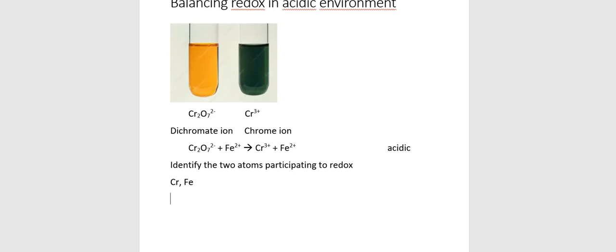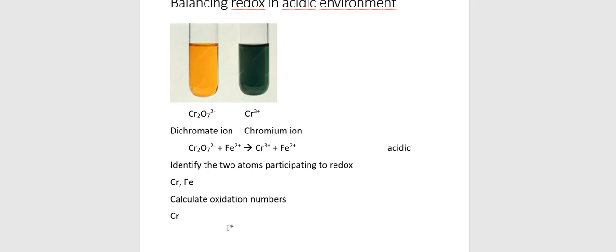Then we have to calculate the oxidation numbers. We start with chromium. The chromium is in a molecule called Cr2O7 2-.